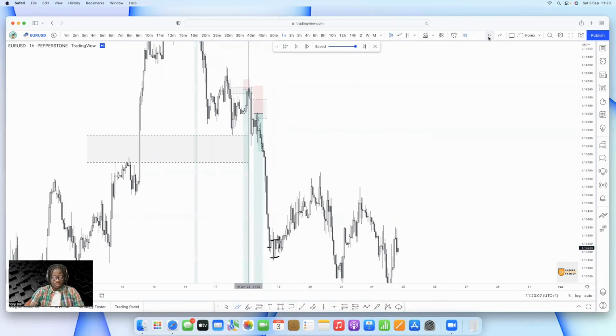Understand? If you actually know what you're doing, yes, the overall trend is to the downside. You could be selling and still be taking short-term buys and closing those at TP as you're still selling down. You take a buy, you hit TP, you close that one, still selling down. You understand? Yes, it is very, very possible.